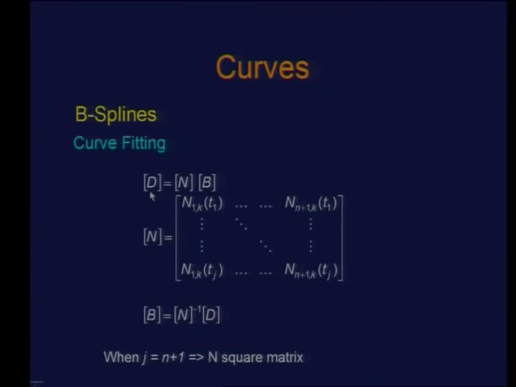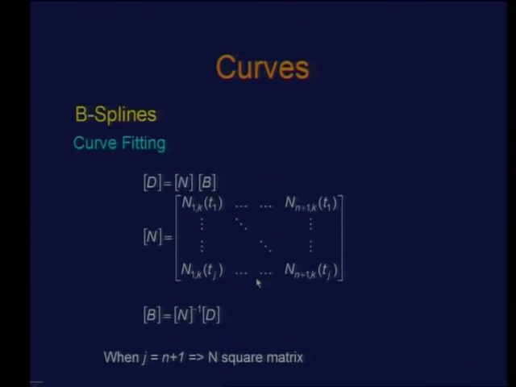These d's are the data points, the b's are the control points, and this is nothing but the coefficients from the basis functions N i k's, which could also be represented in the form of a matrix.